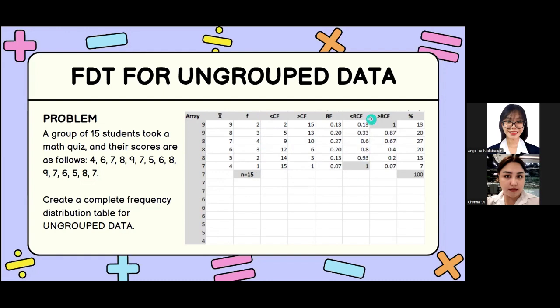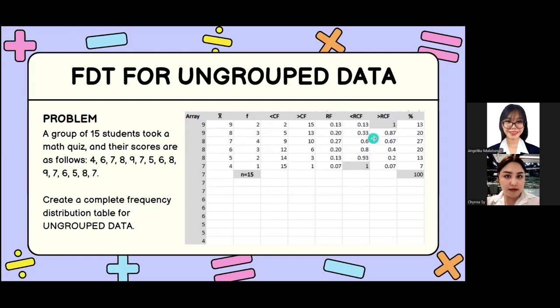Tapos dito naman sa RCF, same lang sila ng procedure sa CF. But this time, RF yung magiging basis instead of frequency. So we'll start from the top. We copy the first value, 0.13. Then we add the following value, 0.20.